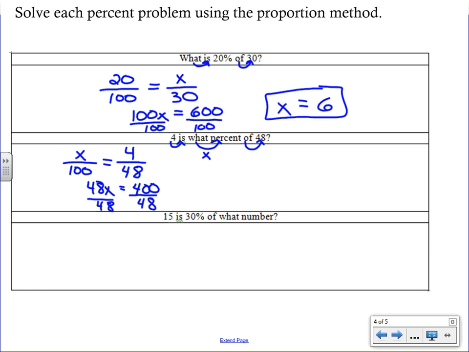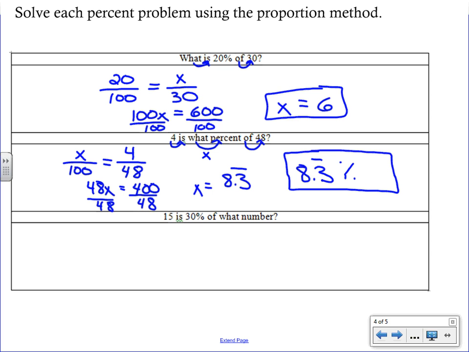And I would encourage you press pause and actually do that division. And what you come up with is x equals 8.333333, which we actually just talked about. We're just going to throw the repeating sign up above there. And because this one is specifically asking us for the percentage, you do have to write out the answer with the percent. So it'd be 8.3 repeating percent.